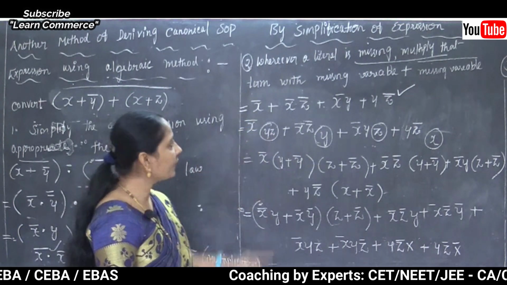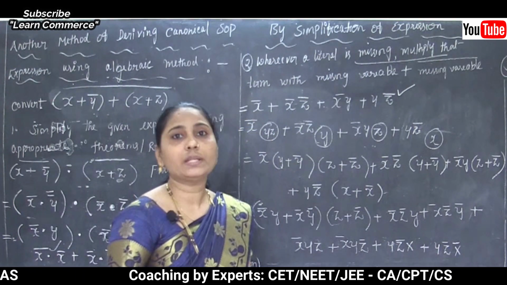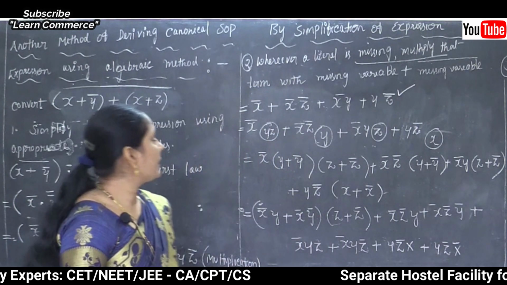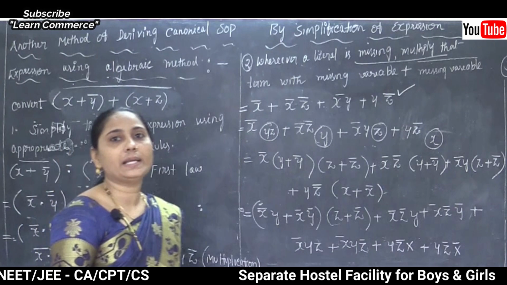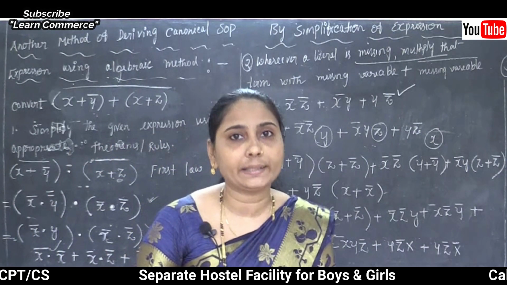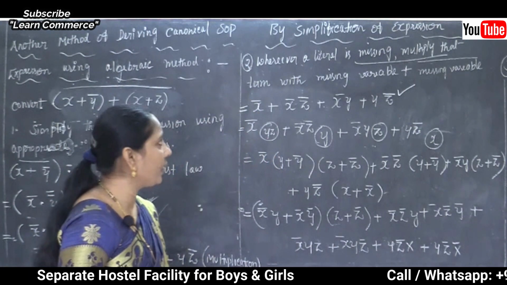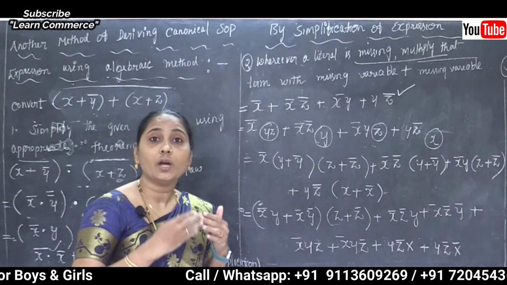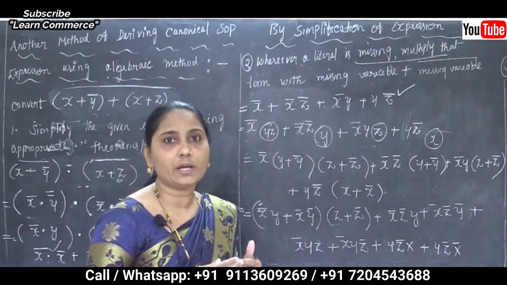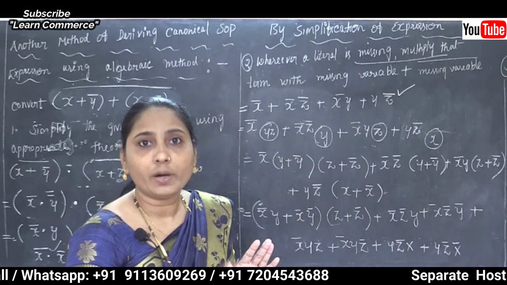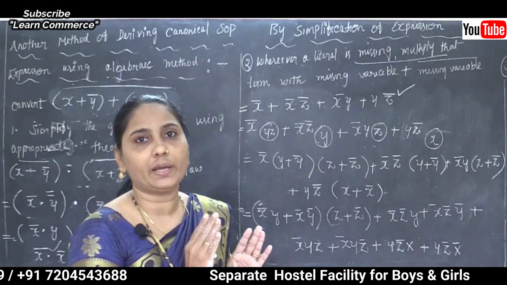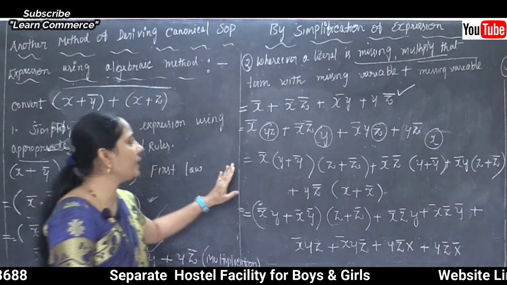Now after that we are going to follow the second step. The second step is: wherever a literal is missing, multiply that term with the missing variable plus complement of the missing variable. Now I am going to use such a method, such a rule here. So the rule is, wherever a literal is missing, multiply that term with the missing variable plus complement of the missing variable.